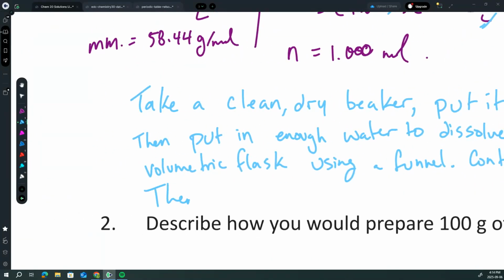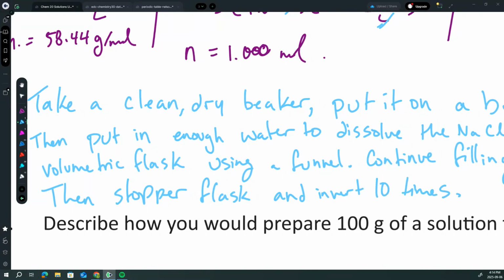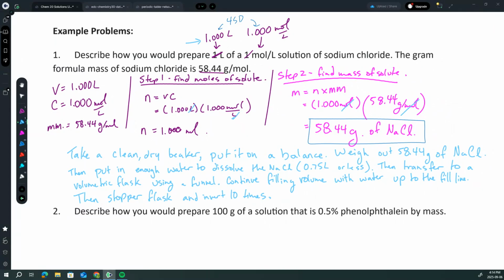Then stopper the flask and invert 10 times. That's how I would create this solution if I was in a lab.